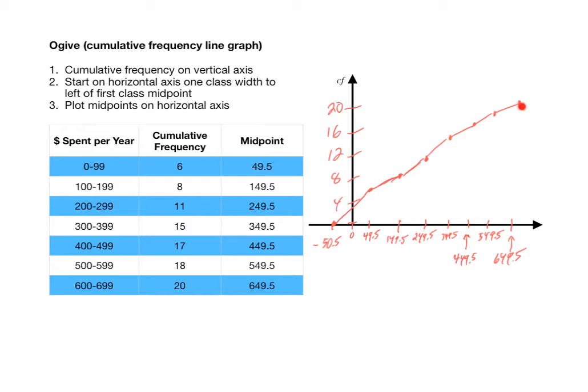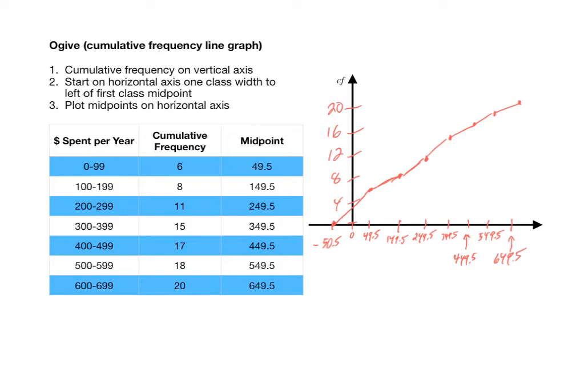Notice that I did not say to bring the ogive graph down to the horizontal axis on the right. You do that with frequency polygons, but you do not with ogives. And there's a logical reason for it. An ogive is a cumulative frequency graph. If you were to add rows to this table here, no matter what, even if there was a frequency of 0 for the next class, the cumulative frequency would not drop below that 20 because it's always the class frequency plus the ones before it.